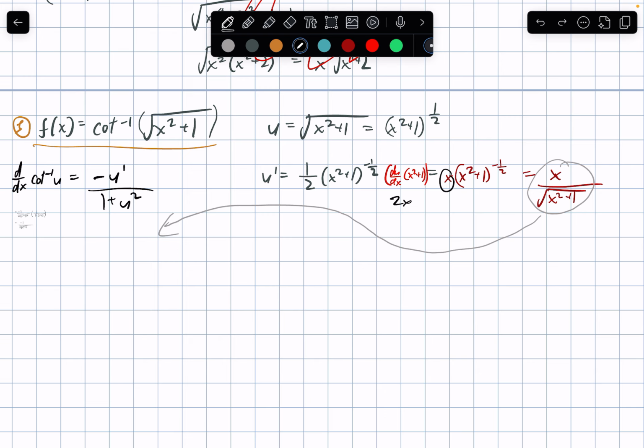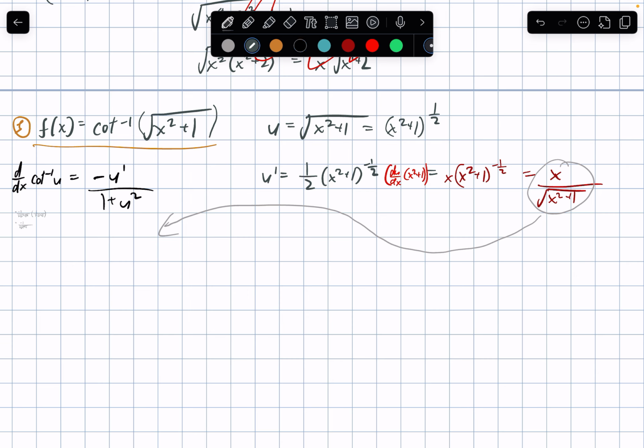So that's the reason we have x here. And we just copy this. If we want to remove the minus in the exponent, you bring it down and turn this into a radical sign. So that's how we got this.